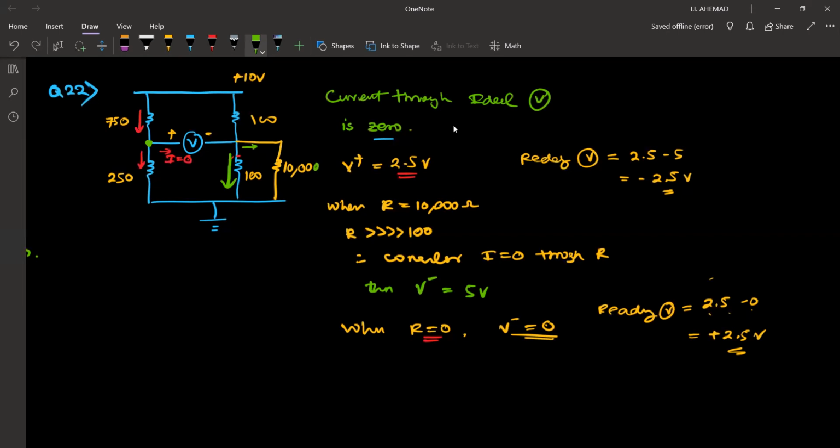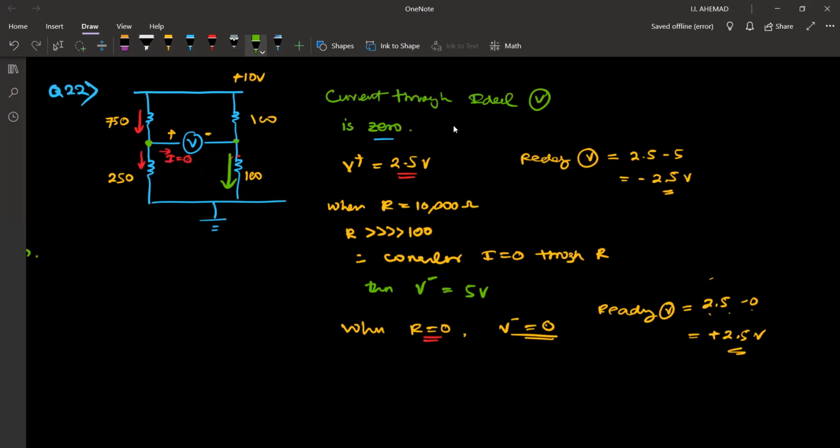So what I did next was I neglected the current. Then my idea, there is no current flow, that means no resistance. There is no resistor at all. Now, 1:1 ratio, that means half. Then 5 volts. Okay, V minus is 5. So 2.5 minus 5 is minus 2.5.